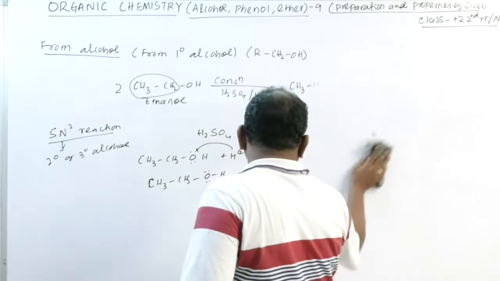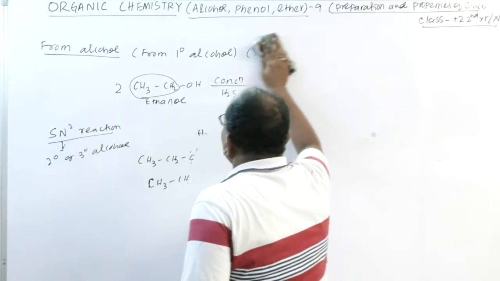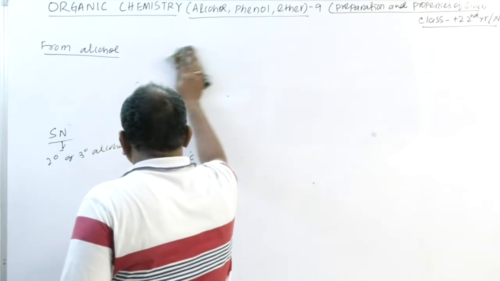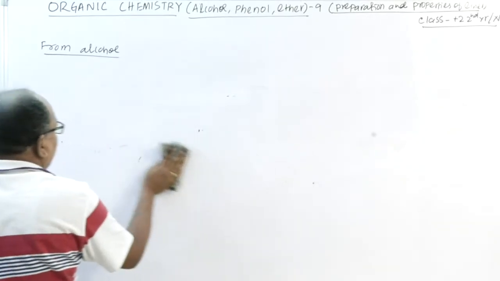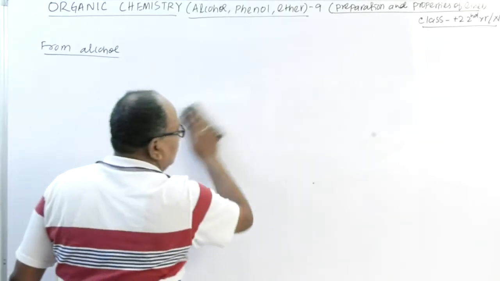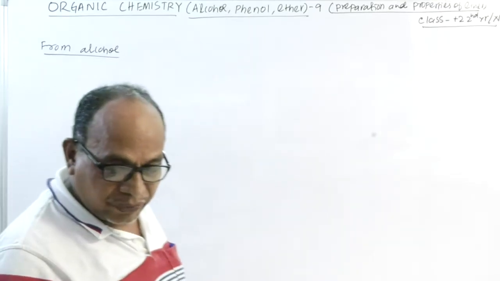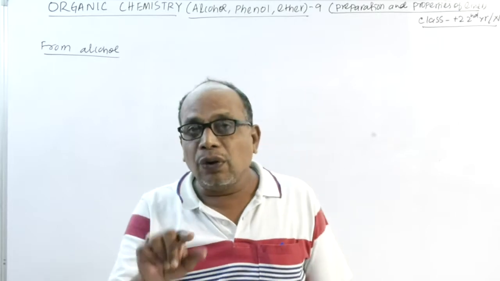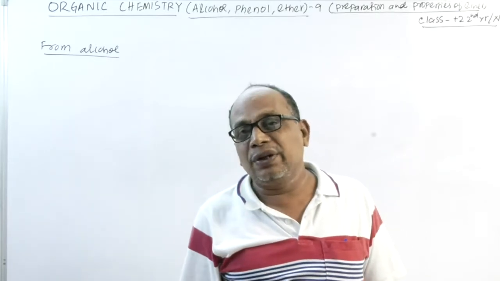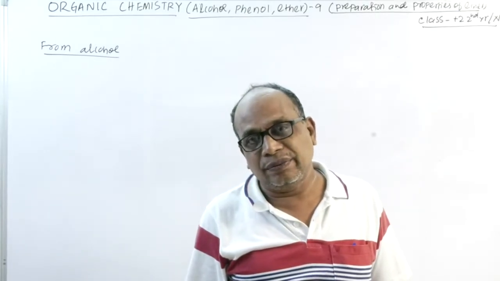We come to the next method. Mind it, in the same method we cannot prepare aromatic ether, because for aromatic ether we require phenol. In phenol, the carbon oxygen bond has double bond character, and it cannot break so easily.